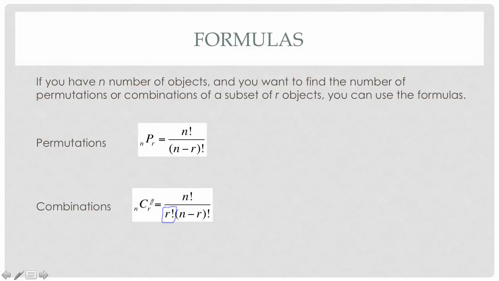So if I'm choosing R number of things, I need to divide by how many different ways I can do R number of things in a different order, because I don't care about the order. By the way, right next to NPR on your Desmos calculator, there's also an NCR. So you can do combinations and permutations on your calculator as well as you're working through problems this week.